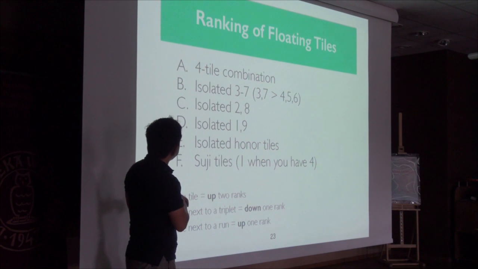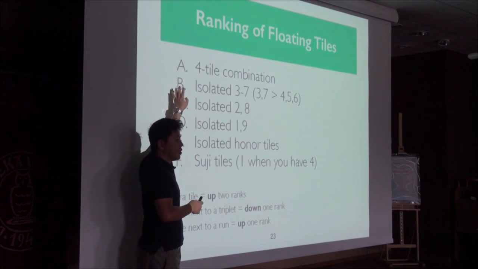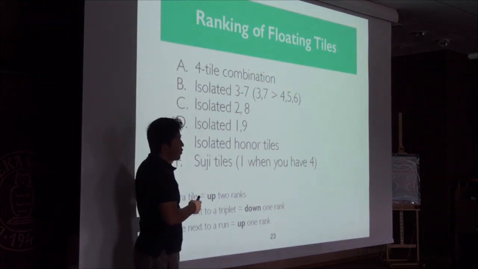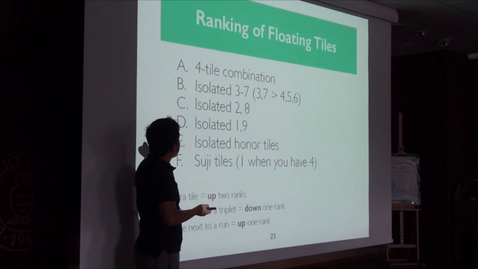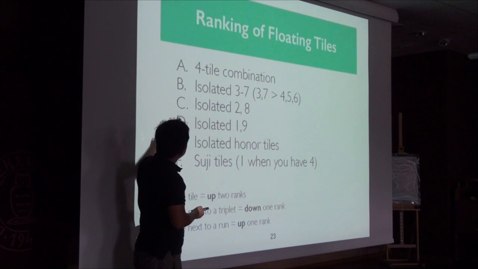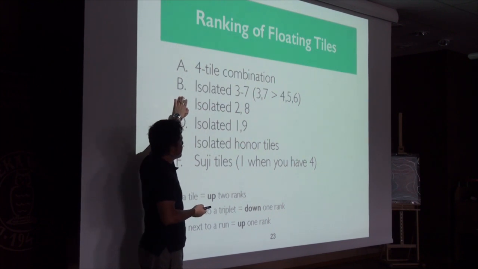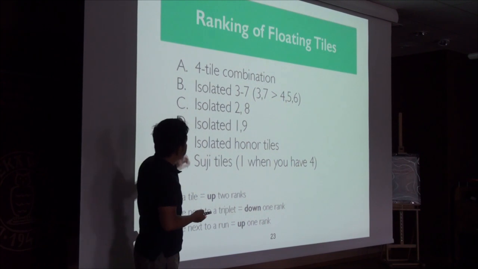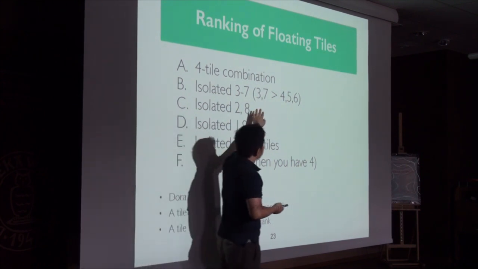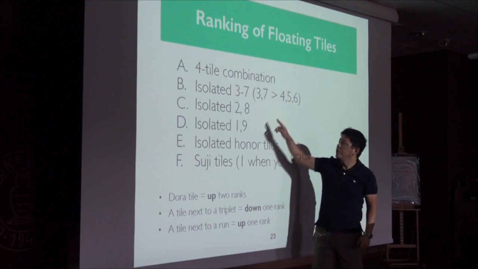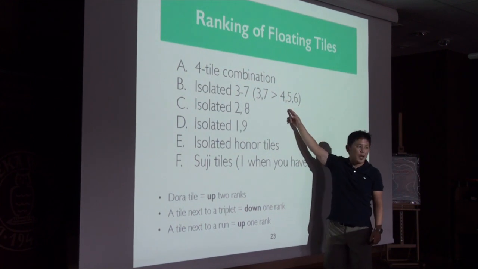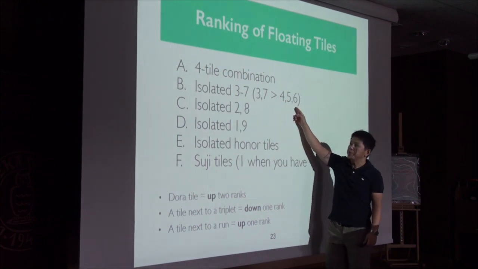So the most important, most useful floating tiles are those tiles that are part of what's called a 4-tile combination, right? Followed by isolated tiles between 3 and 7, where 3 and 7 are the most useful compared with tiles between 4 and 6.